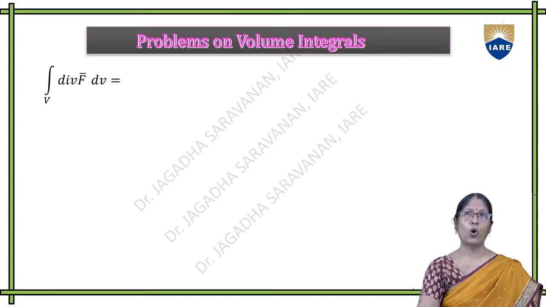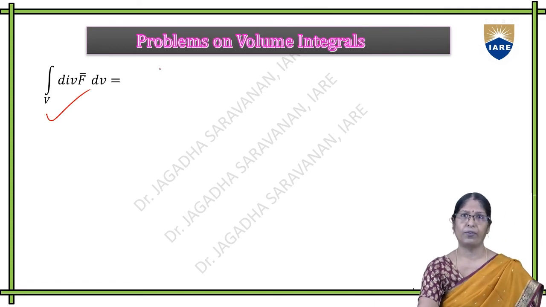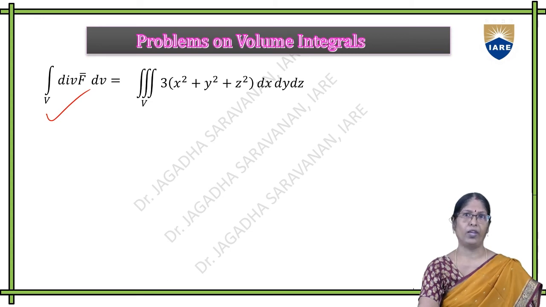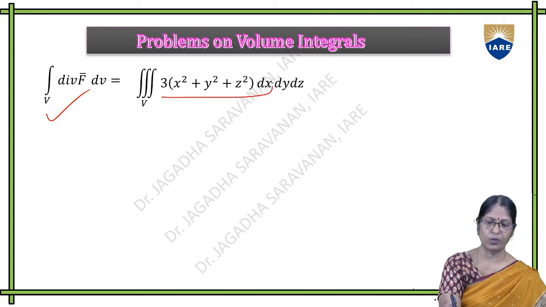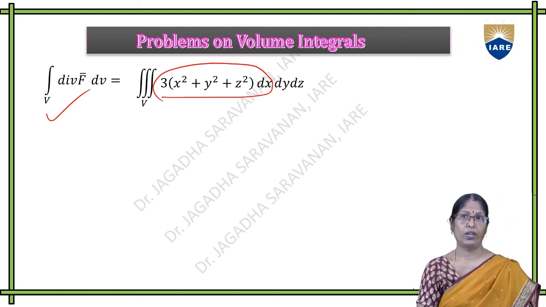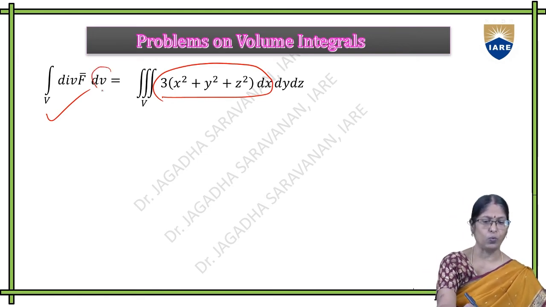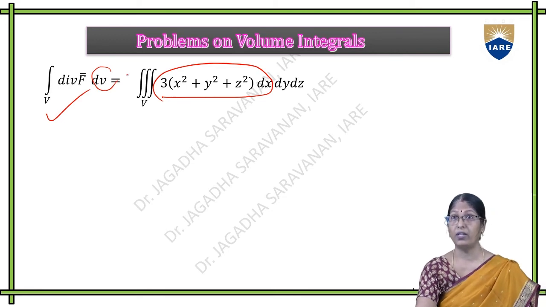So now our volume integral formula is the integral over V of divergence F dV. That is the triple integral over V of 3 times x square plus y square plus z square, the result we got for divergence F, with dV replaced by the three dimensions dx dy dz.